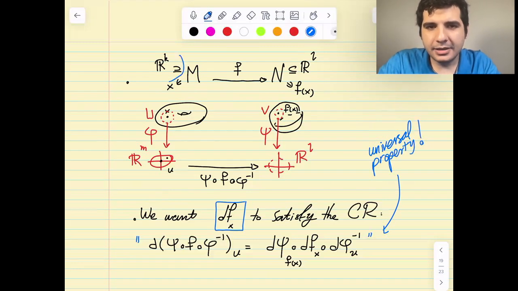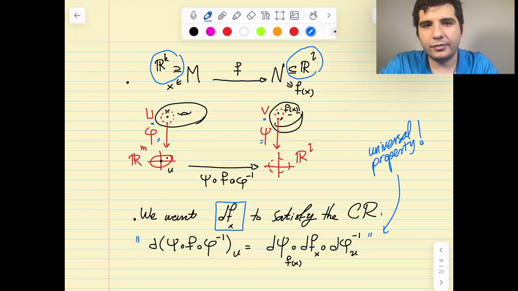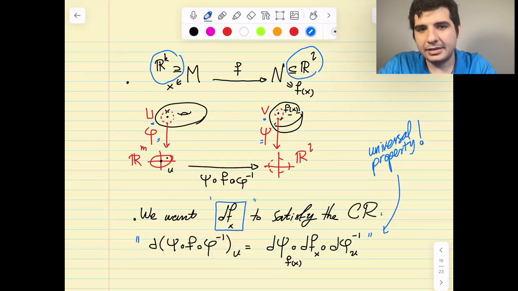You might say we are still using the fact that M is embedded in some R^k, N is embedded inside some R^l. We are using some fixed U and phi, V and psi. That's not true. Here we are not fixing any embedding in R^k or any specific open set U or phi.